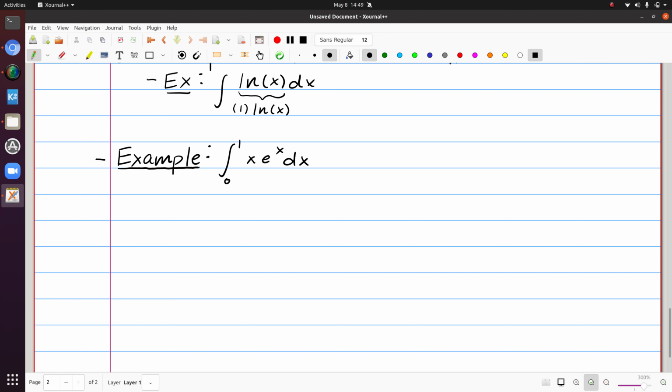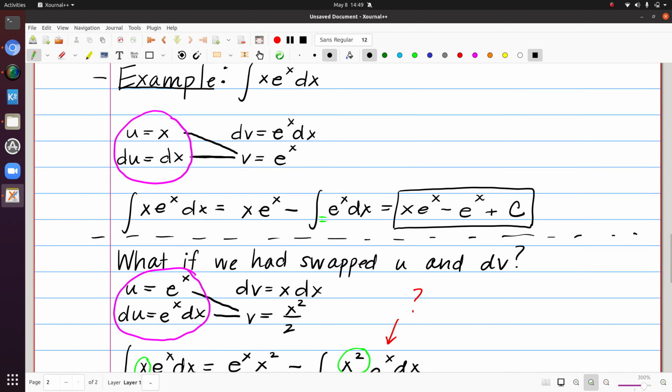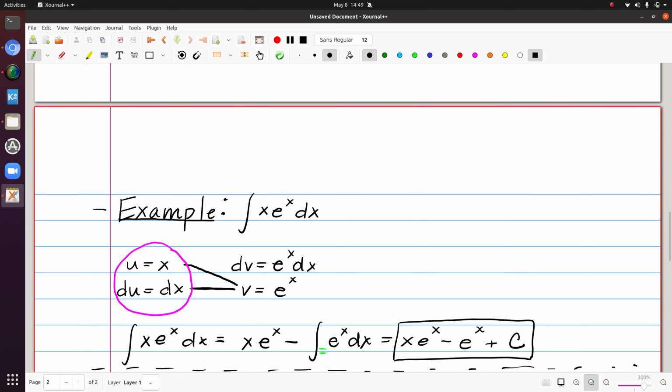We don't have to deal with the problem of introducing a new variable like we did with u substitution, right? When we did this correctly up here, everything was still in terms of x. The problem I sometimes observe is somebody might forget to evaluate the bounds on this part.